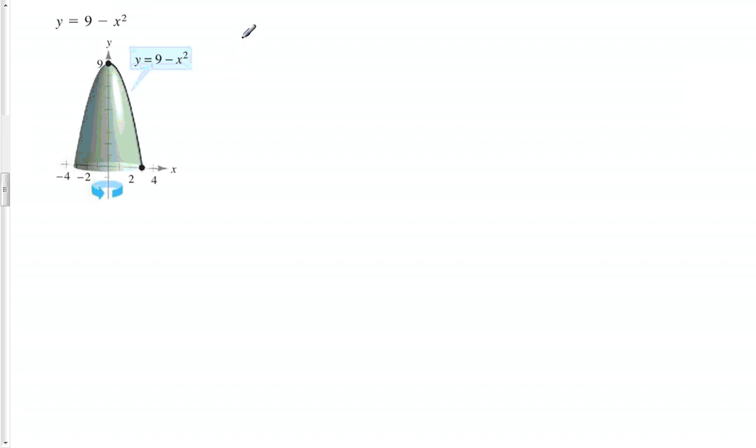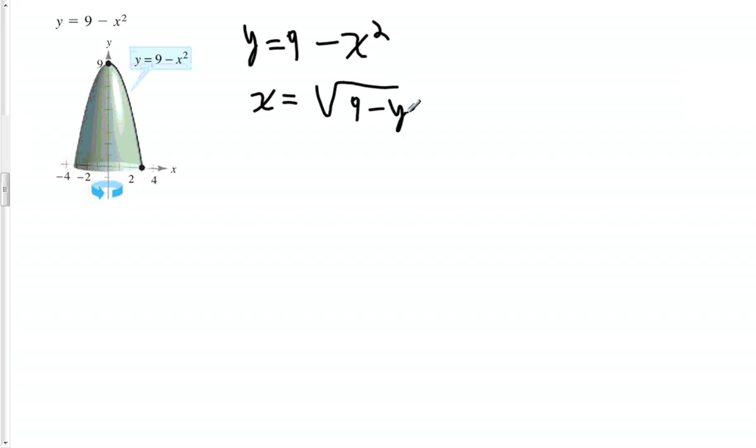So I'm going to take y equals 9 minus x squared and solve it for x. So x is equal to the square root of 9 minus y. This is the function as a function of y as opposed to x.